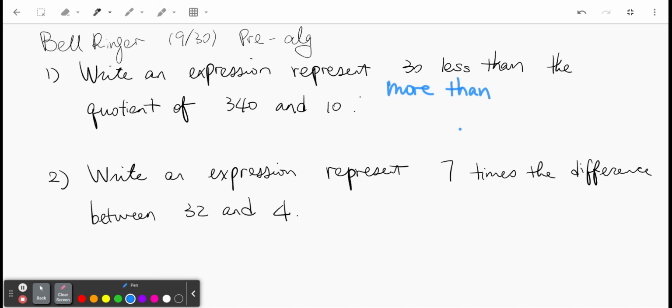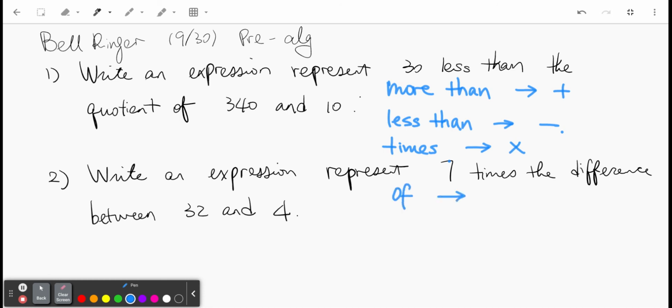Plus, minus, multiply, divide? Plus. More than can be translated into plus. Less than translates into what? Subtraction. Then times is multiplication.